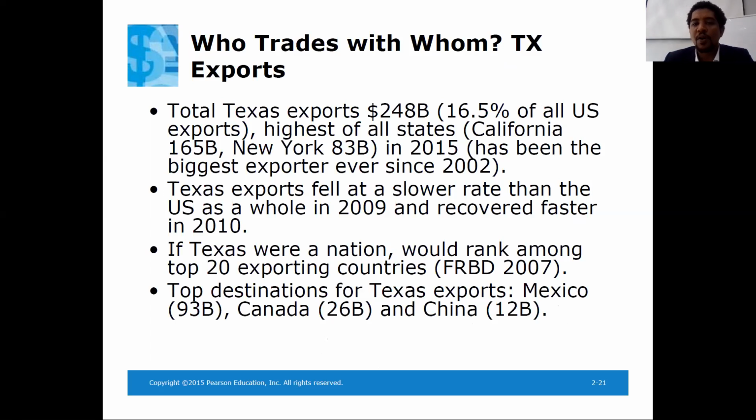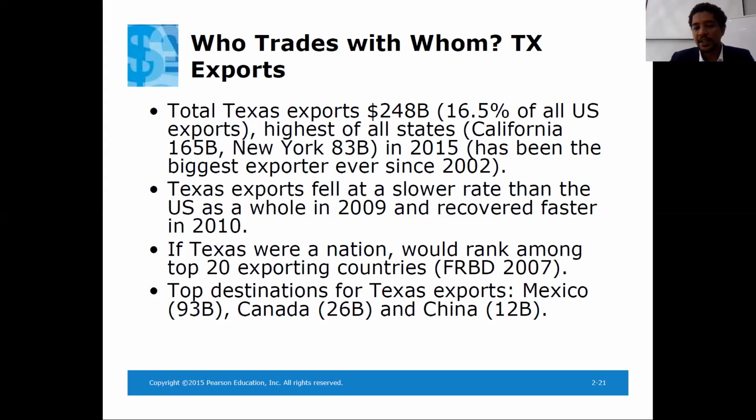Among the highest of all states, California has 165 billion, and New York has 83 billion. It's just how much of products are exported from different states within the US. I will leave this here. For example, the top destinations for Texas exporters are Mexico, Canada, and China.